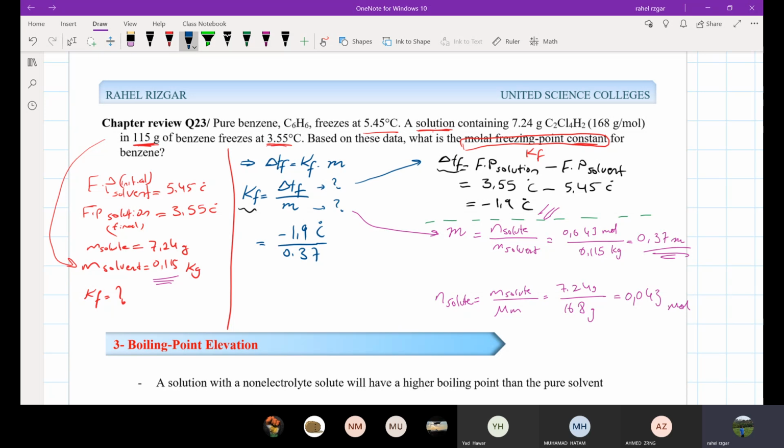Let me just check it again. Yes, as it said, right? 34 molar. So the Kf is equal to 5.08 Celsius per molar. That's the result. Okay.